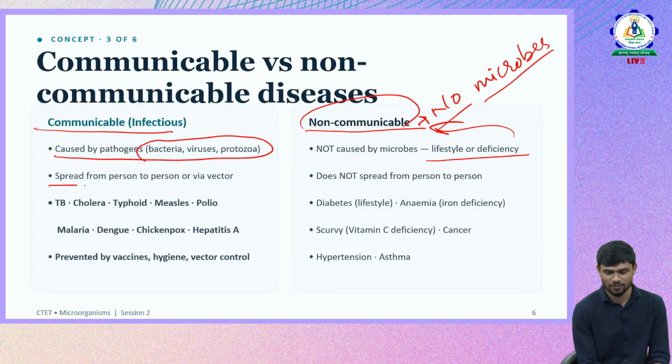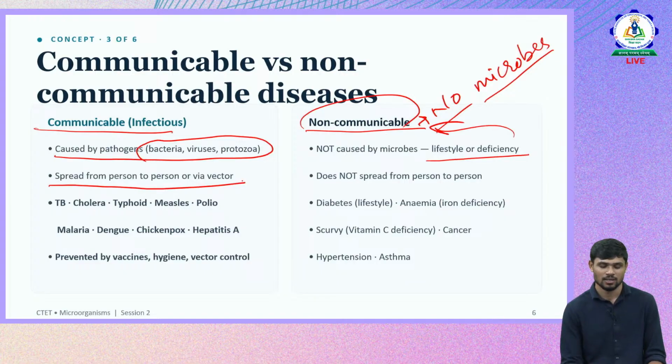They spread from person to person directly or by a vector, and vectors can be mosquitoes or houseflies. If not vectors, they can spread directly from person to person while coughing, sneezing, or using the same utensils or clothes of the infected person.